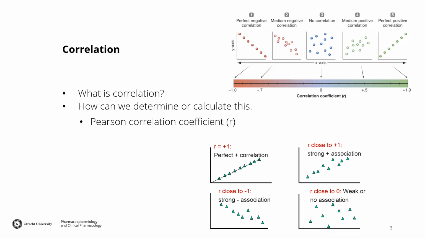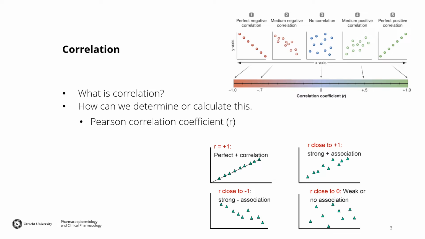So how can we determine or calculate this? One way is to plot it in an XY graph or scatter plot. Then we'll have the different dots, and we can also calculate the coefficients for those.